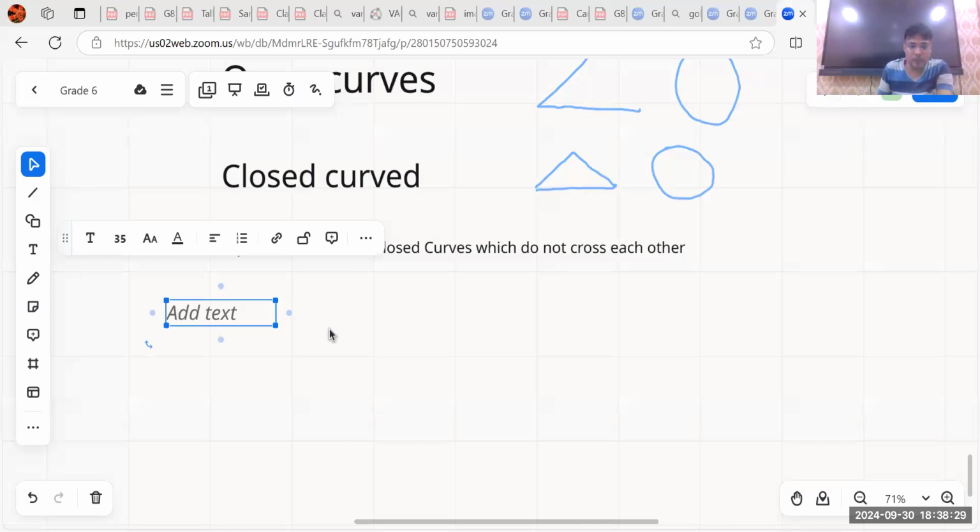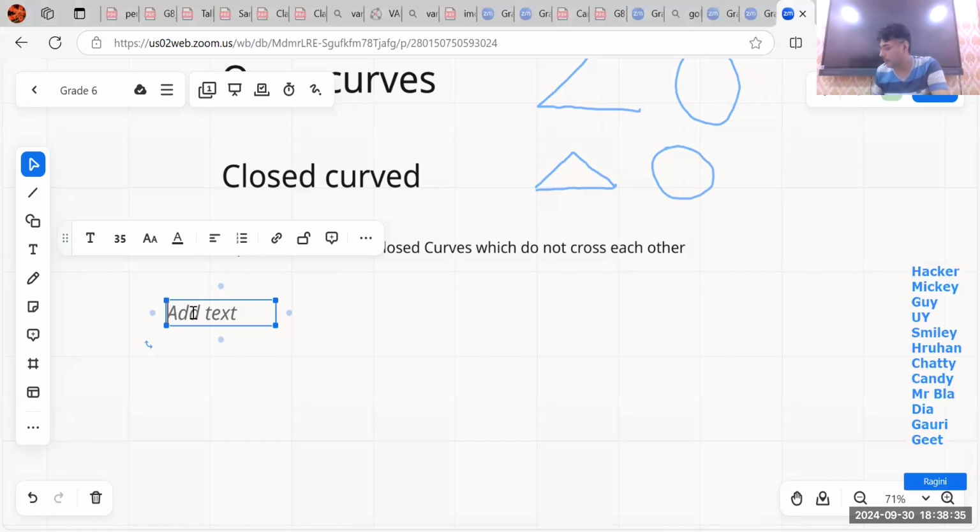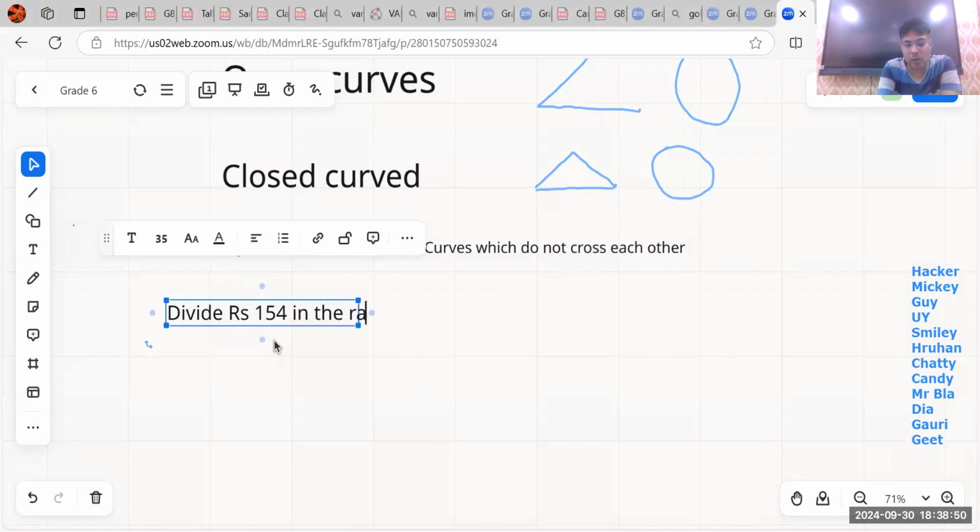Suppose I give you rupees 154 to divide in the ratio 5:6.